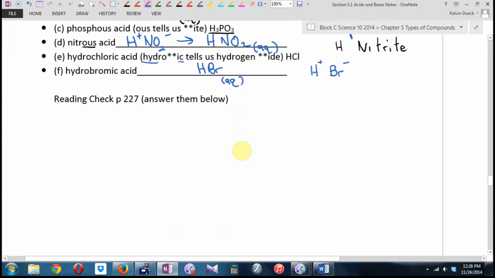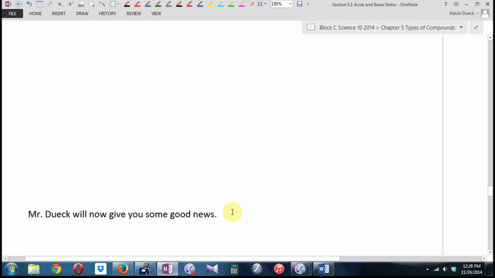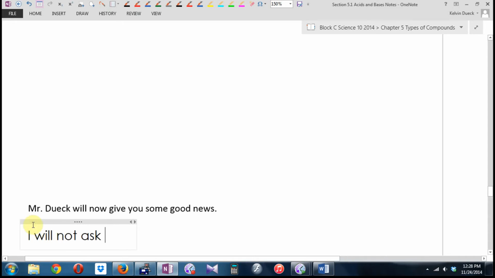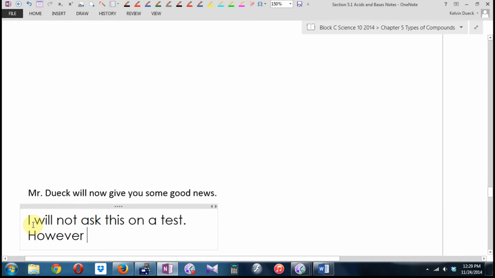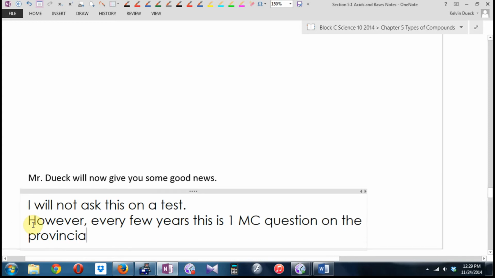I have reading check, page 227. Answer them below. We're going to do that in a second. I have a worksheet for you to practice this, but I want to give you some good news. However, every few years, there is one multiple choice question on the provincial.